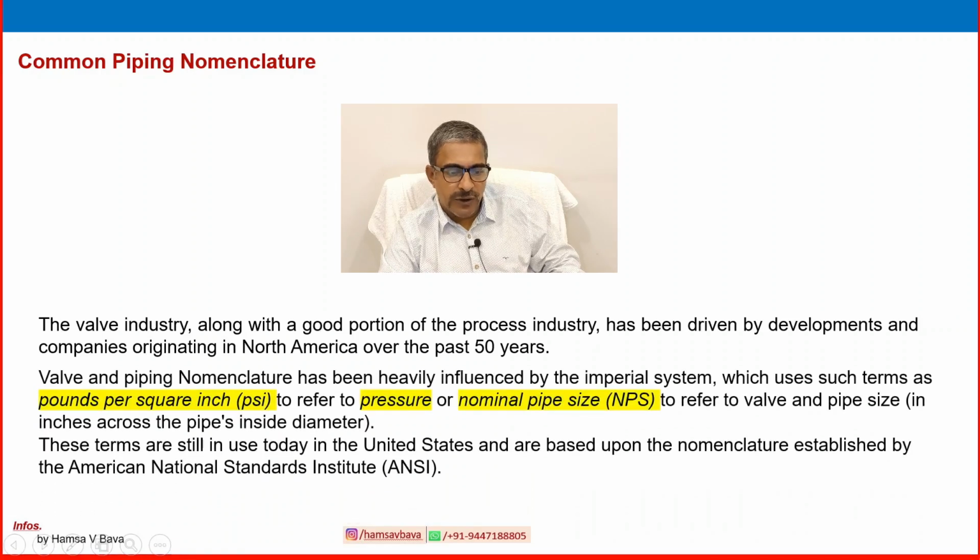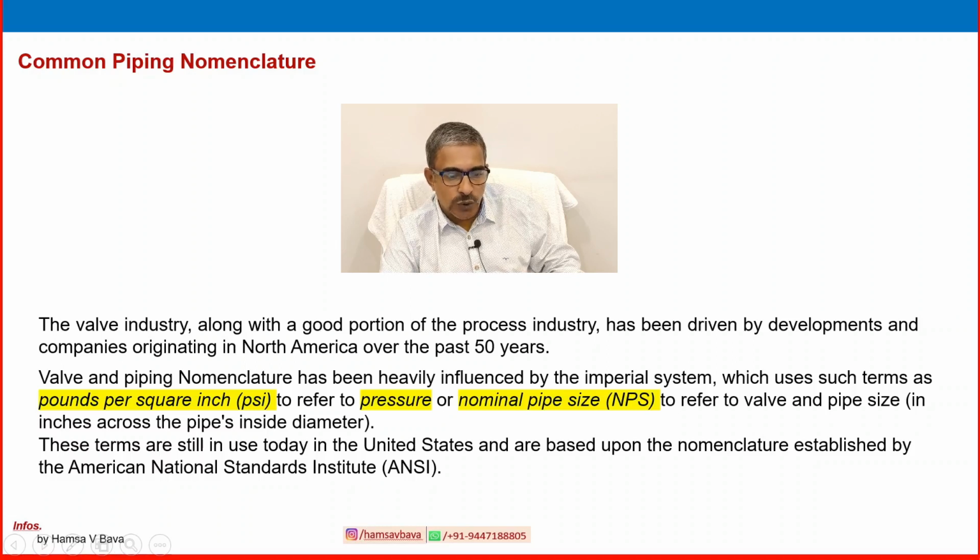Valve and piping nomenclature has been heavily influenced by the imperial system, which uses terms such as pounds per square inch, that is PSI, to refer to pressure, or nominal pipe size to refer to valve and pipe size in inches across the inside diameter of the pipe.